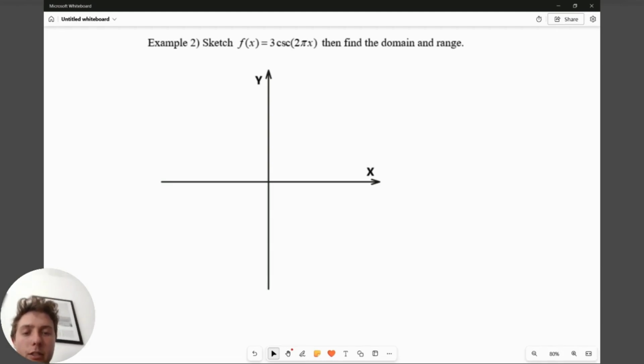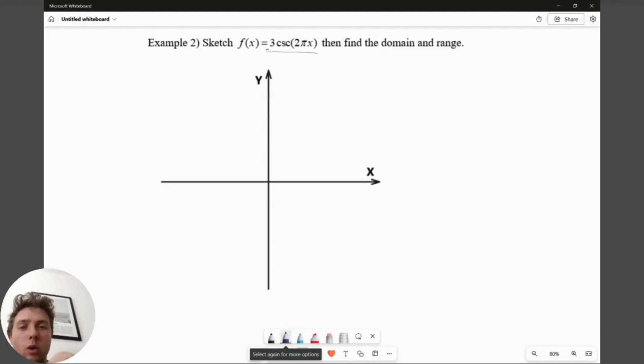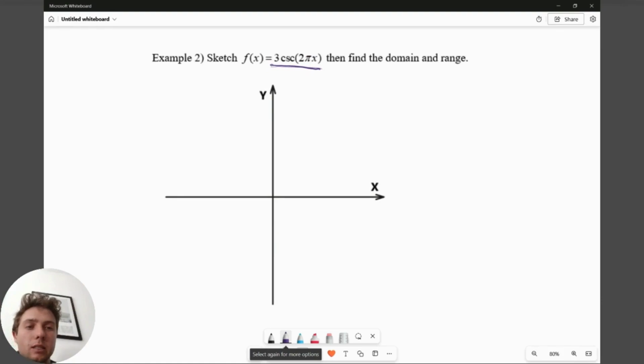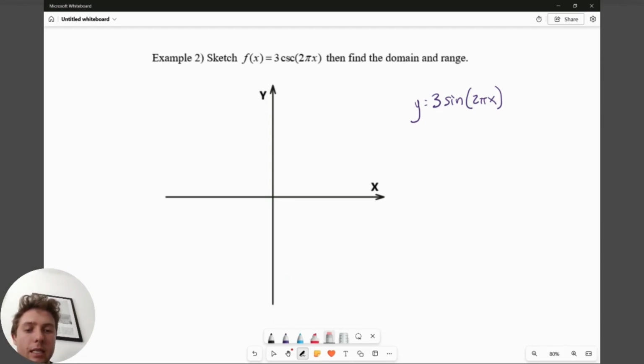So one thing you might do when you're creating these graphs is start by sketching the reciprocal. For example, on this one, we want to graph cosecant. So I might start by first graphing 3 sine of 2 pi x. Okay, well, if I'm looking for sine, what we know about sine is it starts at the midline.